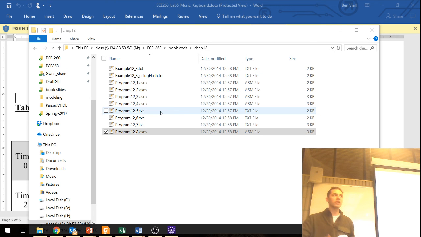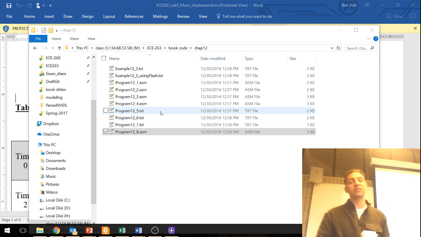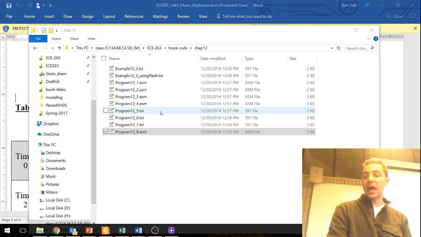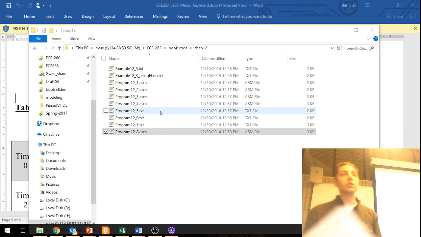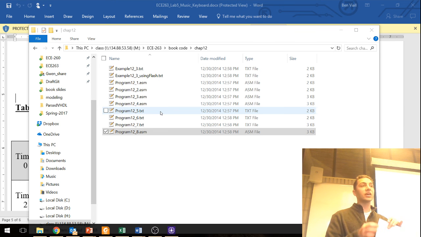You can go and look through those. Those are code examples right out of the book. So when it says 12.6, that's example chapter 12.6. I typed them out for you so you can copy and paste a lot of this stuff. Again, the caveats involved are you have to make sure that you're using IN and LDS correctly and OUT and STS correctly. You have to make sure that you've named your bit values correctly. So in the case of the 32, the bit values were a little bit more concise.